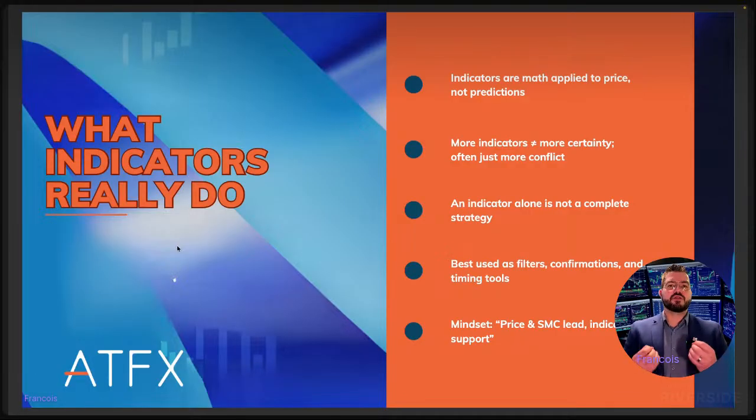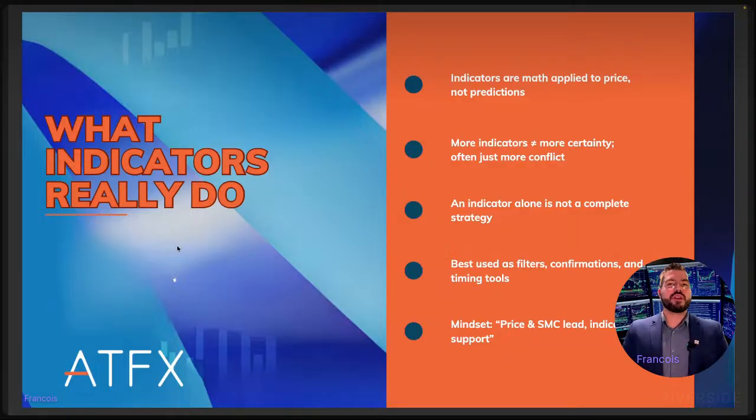But indicators are simply mathematical transformations of price. They don't know the news. They don't know liquidity pools or the bigger picture structure. These things cannot be indicated by indicators. Number two, again, big myth: if I stack enough indicators, I'll get certainty.